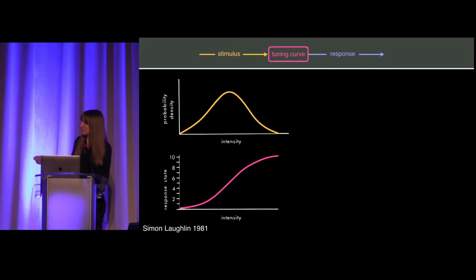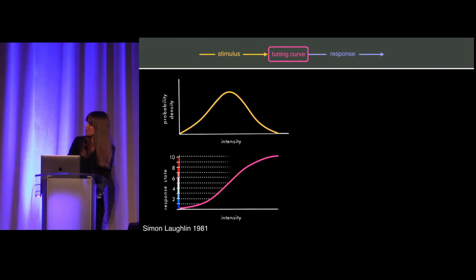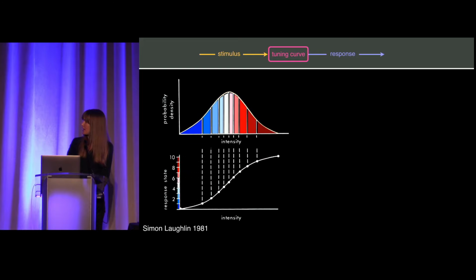And we can understand that tuning curve using the same sort of lens that we've just been working out, by looking at this tuning curve through the lens of these response states here. So if I color each of these response states a different color, and I project them back onto the tuning curve, and then I project these points back up to this stimulus distribution, you can see that this tuning curve essentially partitions this distribution into equal probability chunks, just like we worked out before.